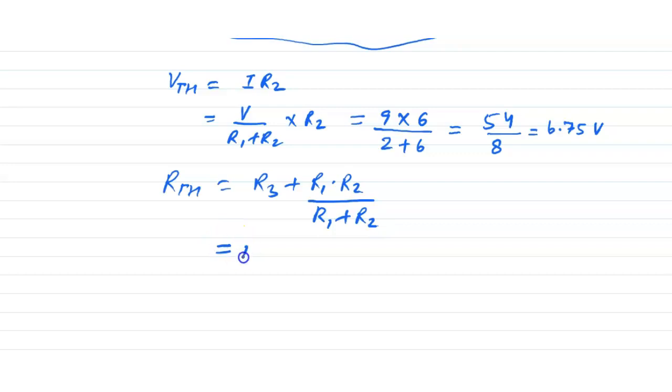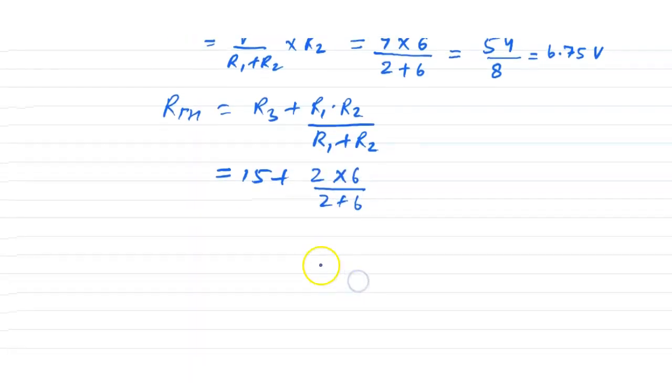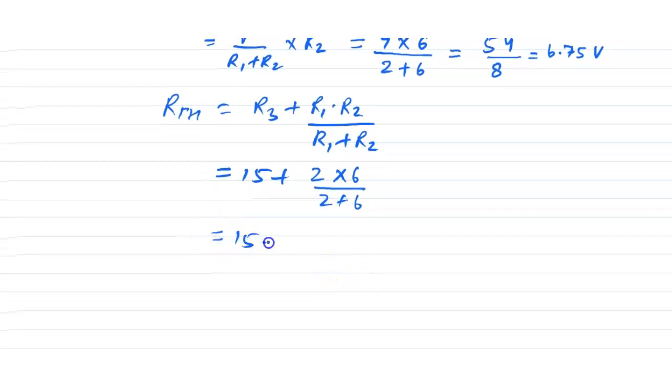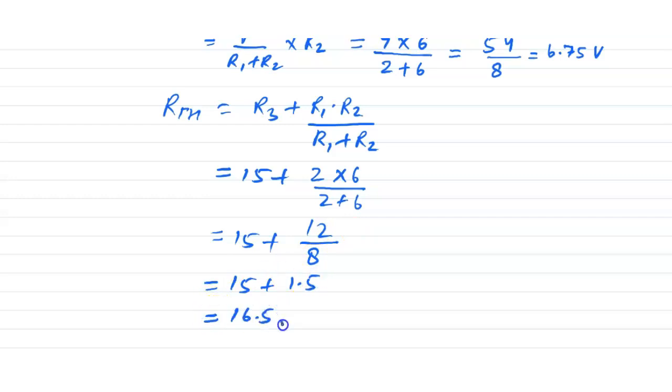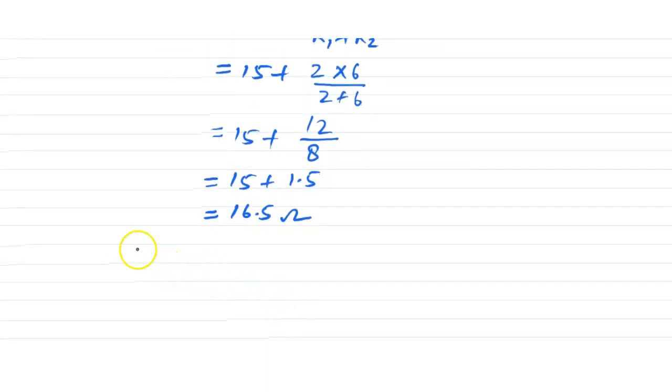Now substitute the values: 15 plus, R1 is 2 and R2 is 6, and 2 plus 6, that means 15 plus 12 divided by 8. 15 plus 12 by 8 is 1.5, and then you will get 16.5 ohm. Now it is verified.